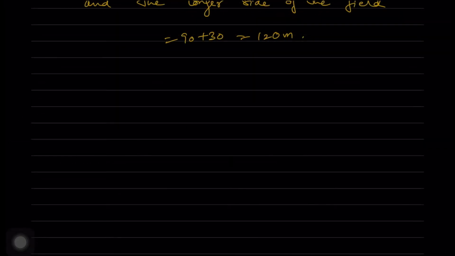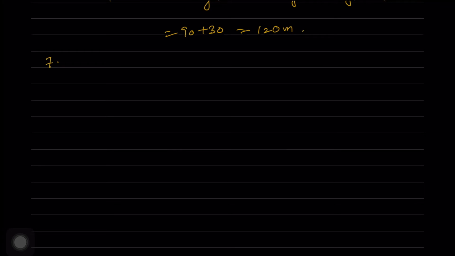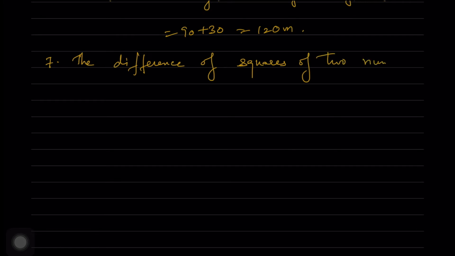Seventh problem. The difference of squares of two numbers is 180.